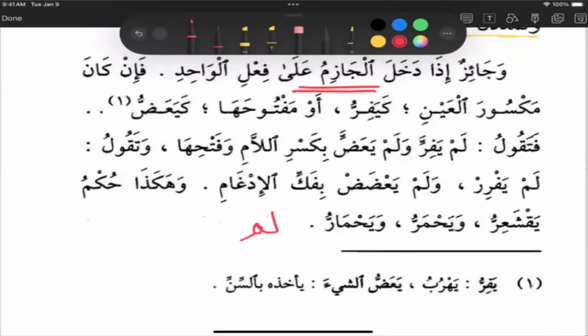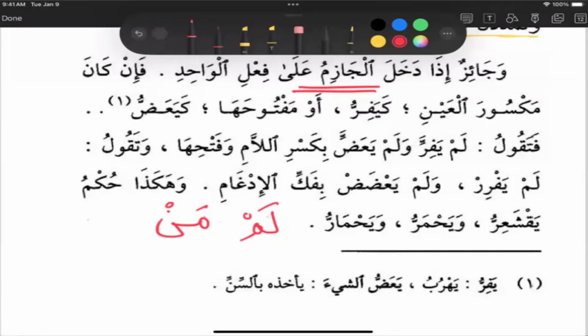Lam. It's going to put a verb into the state of jazm. Or man, if you remember your lesson about the jawazim. Man, the jazim or jazimah. So it's going to make a verb majzoom.